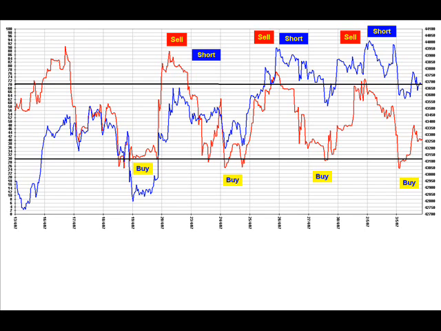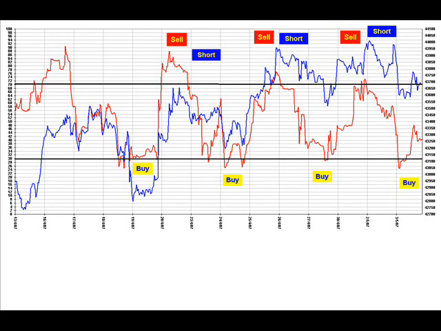What you see now in the red line in the graph in front of you is just a sort of RSI, a relative strength index, which differs from the orthodox way of building the RSI.